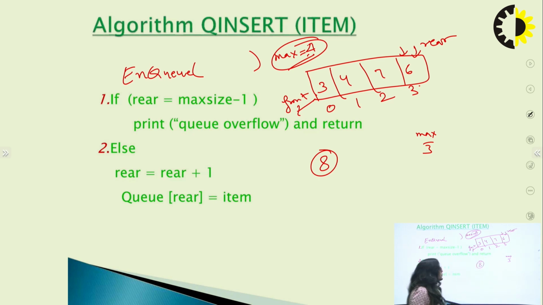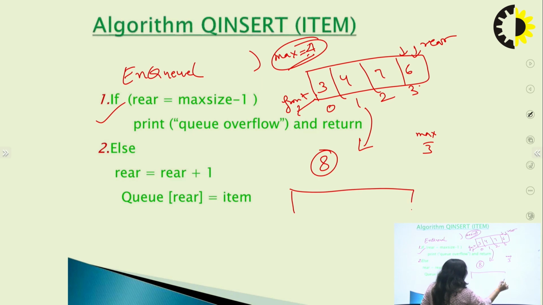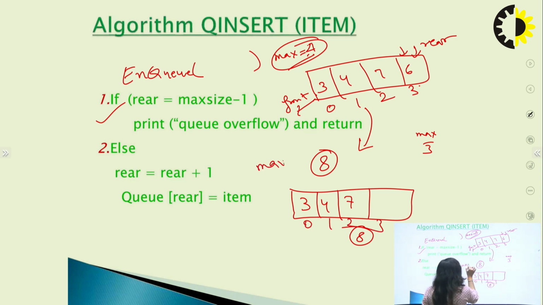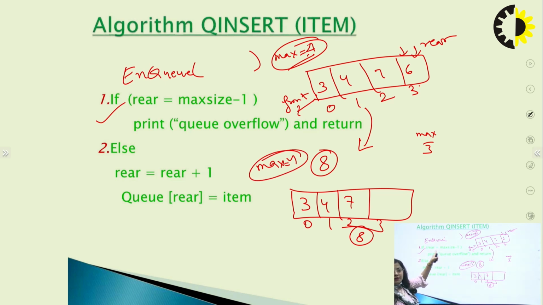But in the other scenario, your queue has some space, holding 3, 4, 7. Now you want to insert new data 8. The locations are 0, 1, 2, 3 and max size is the same, 4. Now this condition is false. If the condition is false, you come to the next part: rear equals rear plus 1.